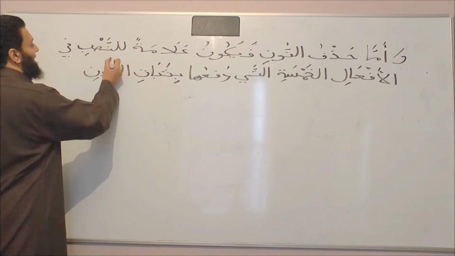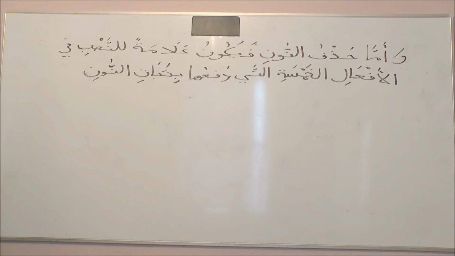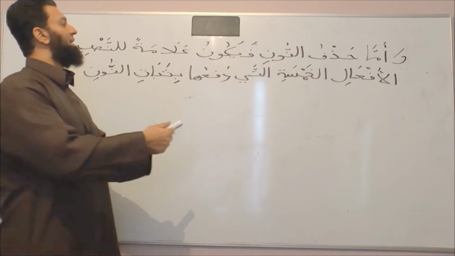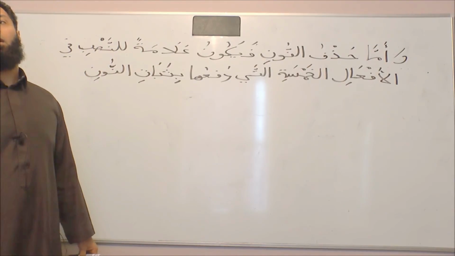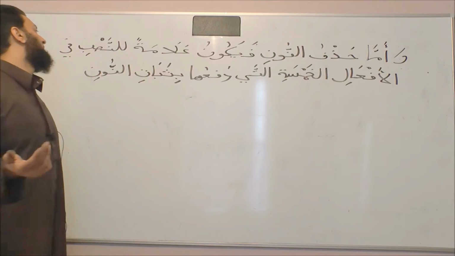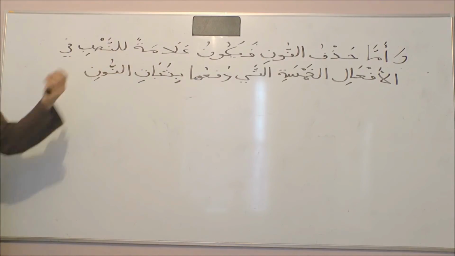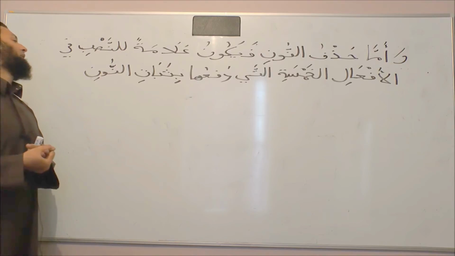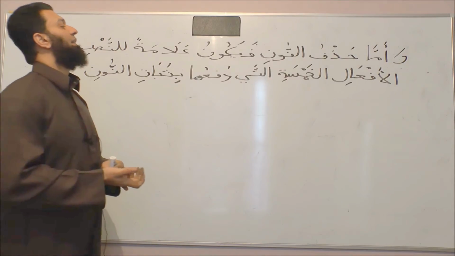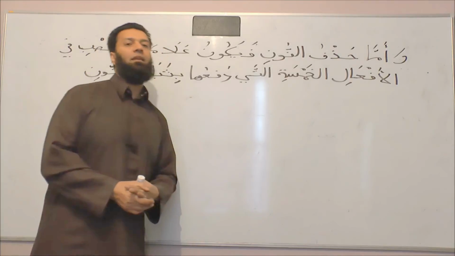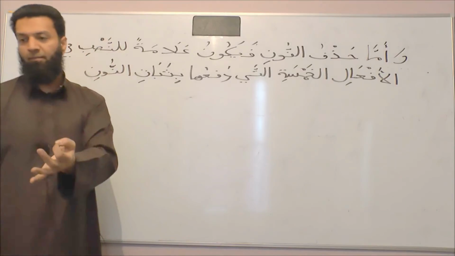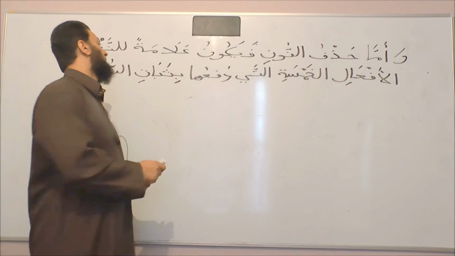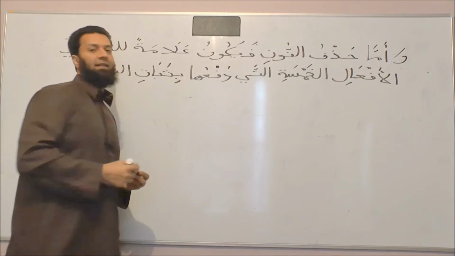بثبات النون. Right? وأما حذف النون. As for erasing the noon, which is the fifth and final indicator of the mansub state, فيكون علامة للنصب, it will be an indicator for the mansub state في الأفعال الخمسة, in the five verbs التي رفعها, which.